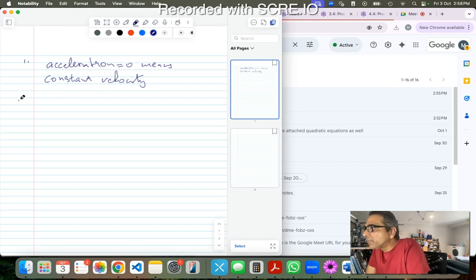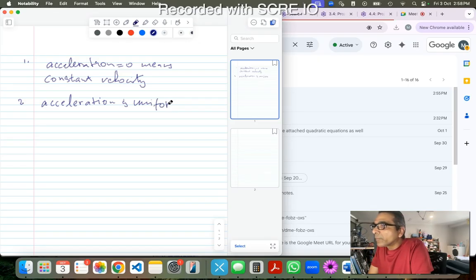Second point is when acceleration is uniform. For the zero acceleration case, we can say distance equals velocity times time.